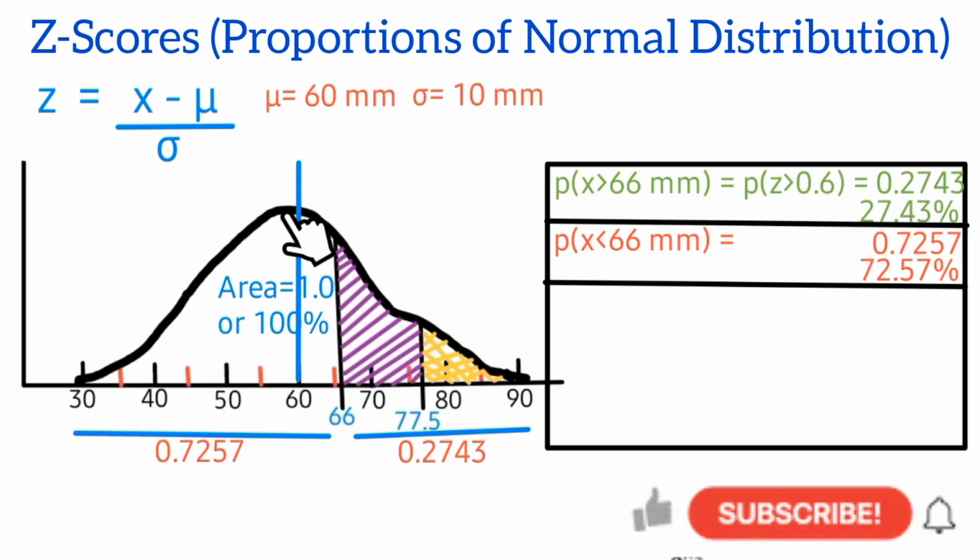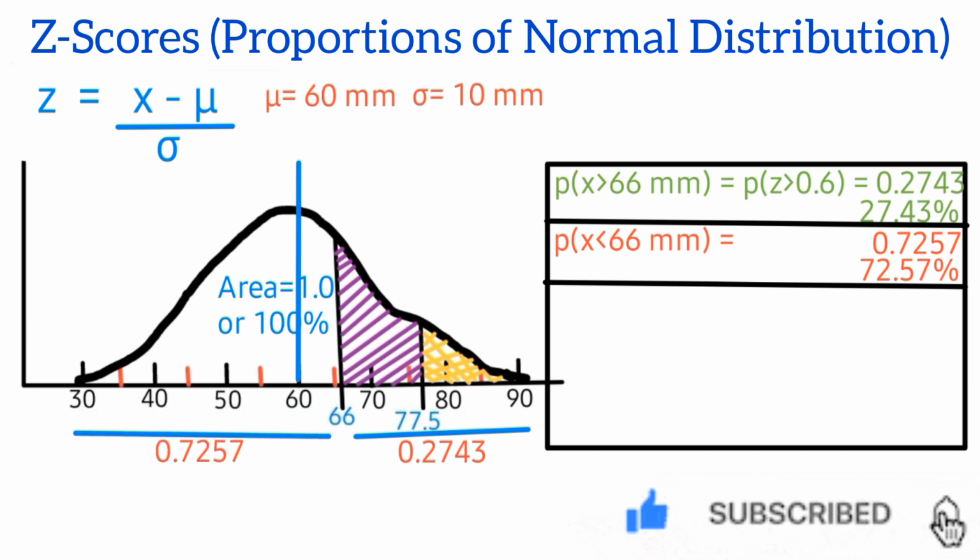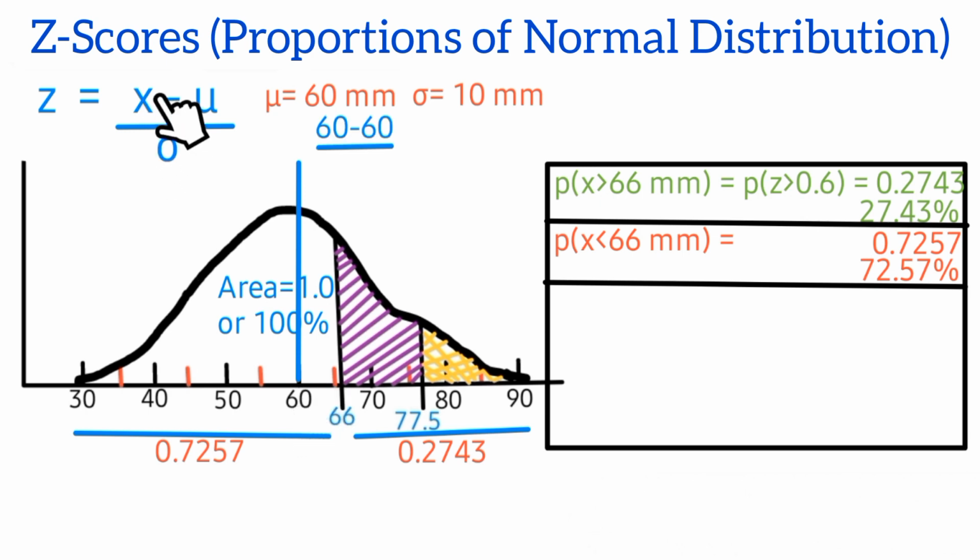Next question is the probability or the proportion of bone length that is between 60 millimeters and 66 millimeters. Of the total population, half lies below 60 millimeters, that is 0.5 lies below 60 millimeters. If we go by substituting 60 into our formula, we have 60 minus our mean value, 60, then divide by the standard deviation value.